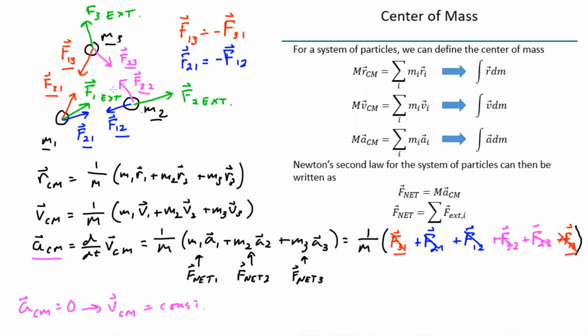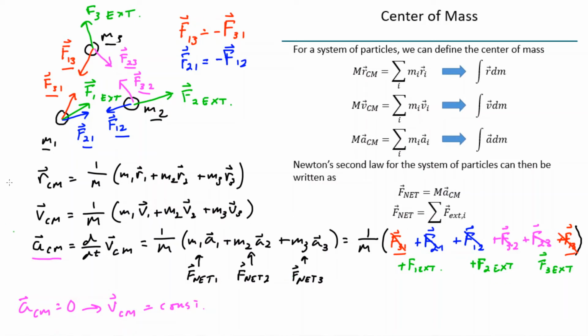So now I'm putting in an external force acting on each of these masses. Well, now for Fnet1, I have to add in F1 external. For Fnet2, I add in F2 external. And for Fnet3, I add in F3 external.